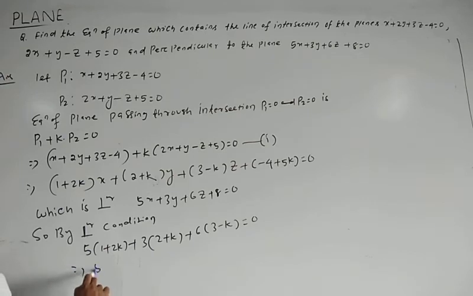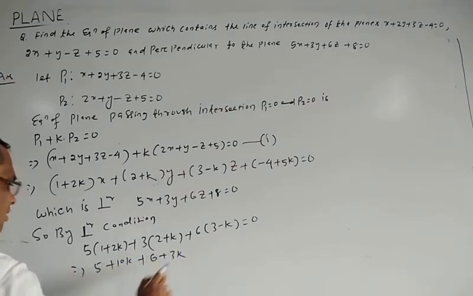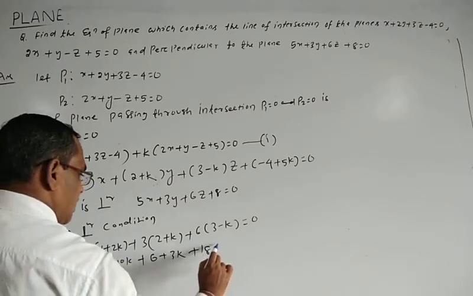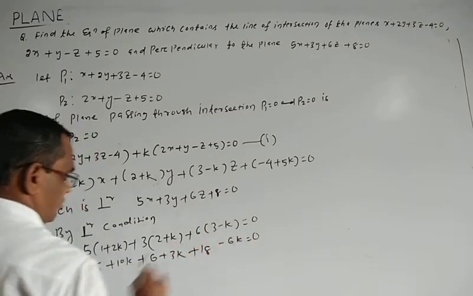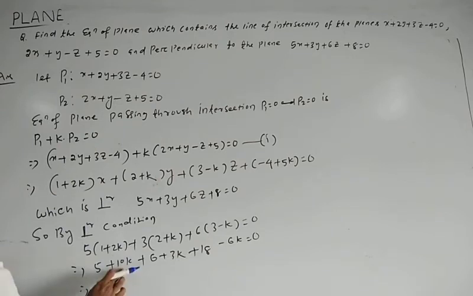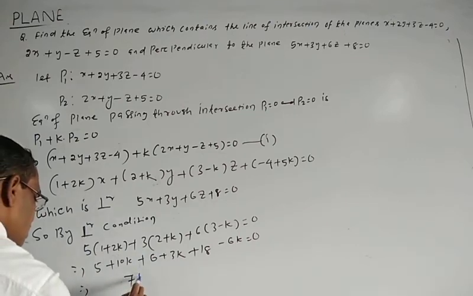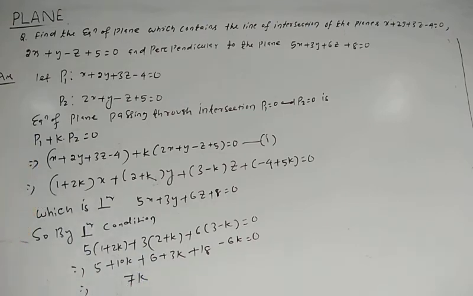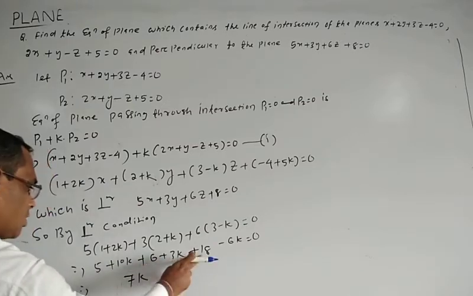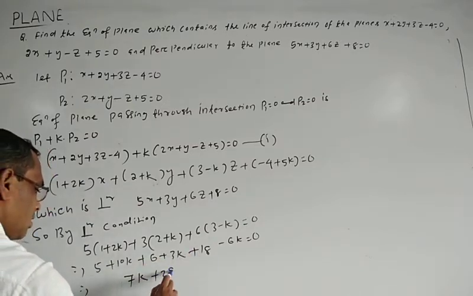That implies 5 plus 10k plus 6 plus 3k plus 18 minus 6k is equal to 0. So 10k plus 3k minus 6k is 7k, and 5 plus 6 plus 18 is 29.